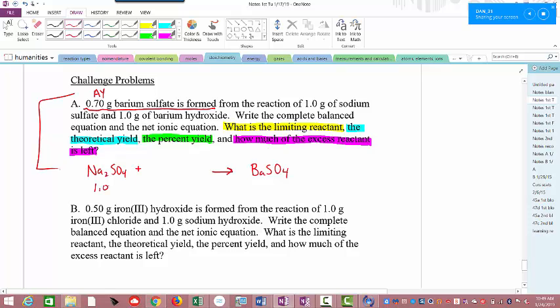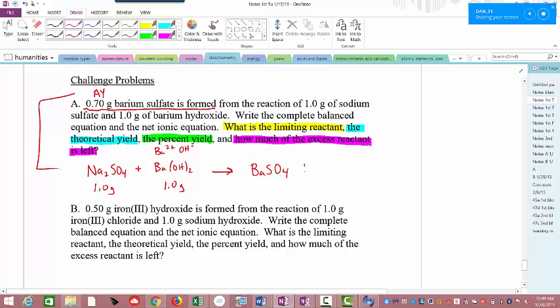Okay, and you're given 1 gram of it to start with. And what's the other reactant? Barium hydroxide. What's the formula for barium hydroxide? Ba(OH)2. And you're also given 1 gram of that.